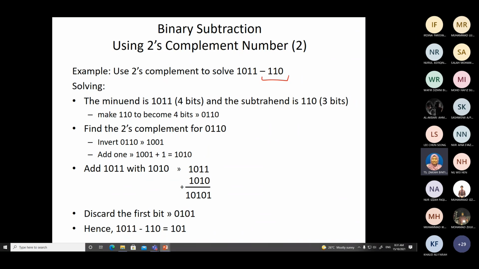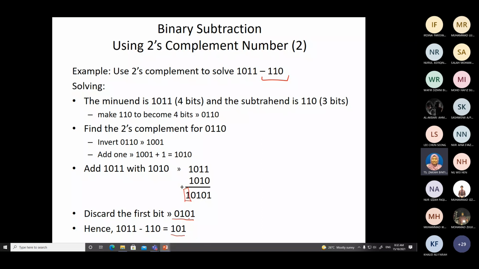So make 110 become 4 bits, 0110, and then invert. 0110 becomes 1001, and then plus 1 it becomes 1010. When you add, you will get an extra bit. When you get the extra bit, remove it and you will get 0101, so the end result will be 5.